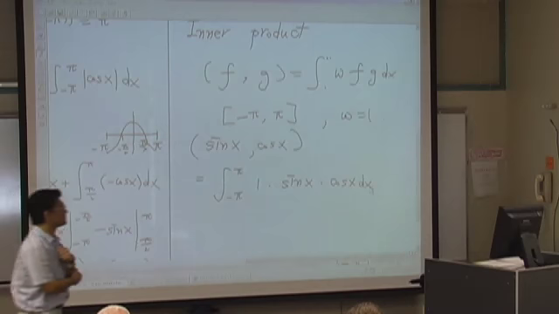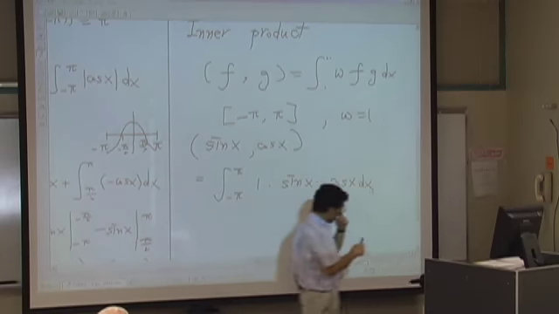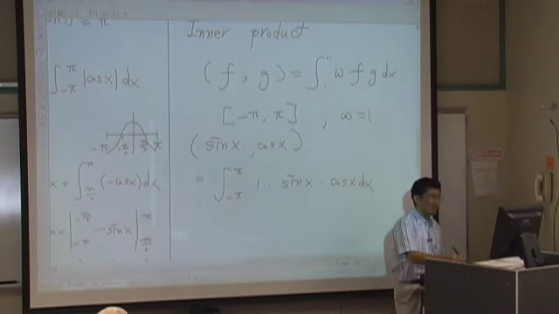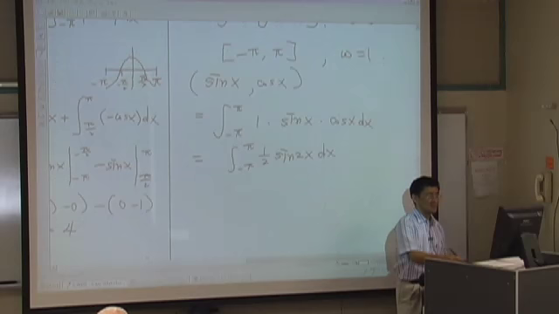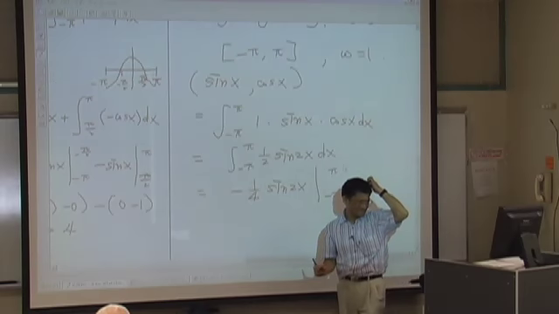Then sine and cosine multiplied is 1/2 sine 2x.